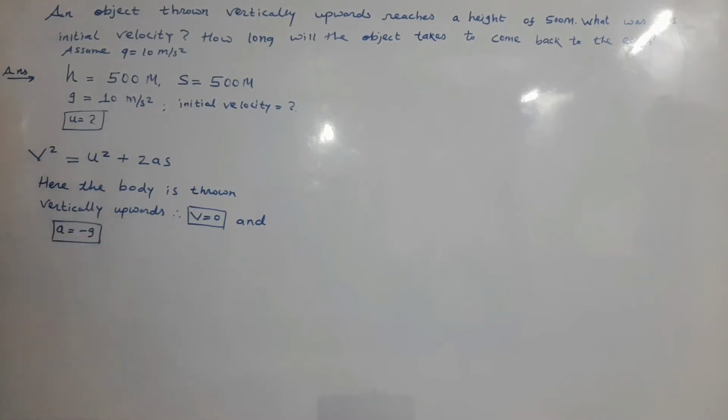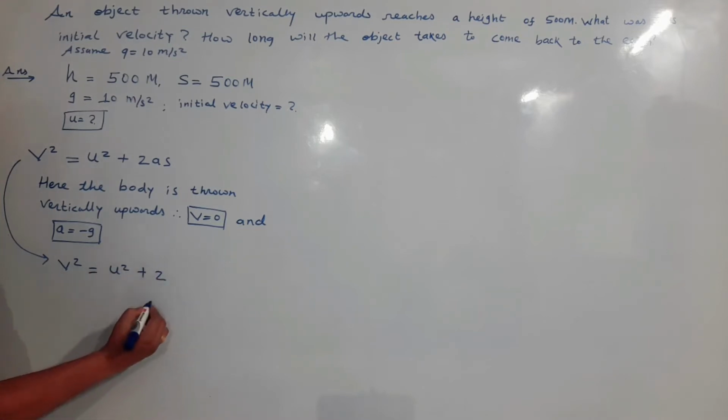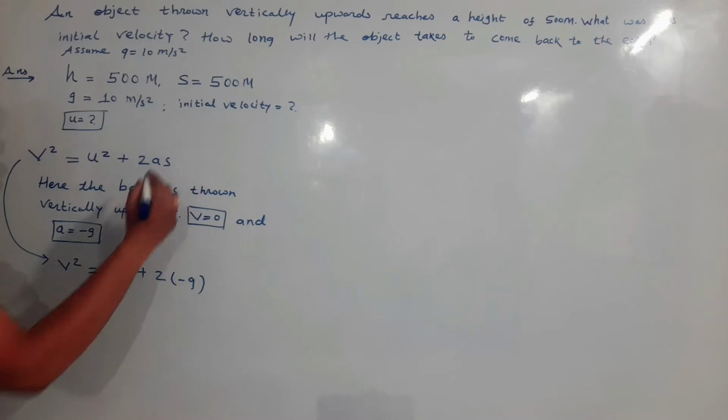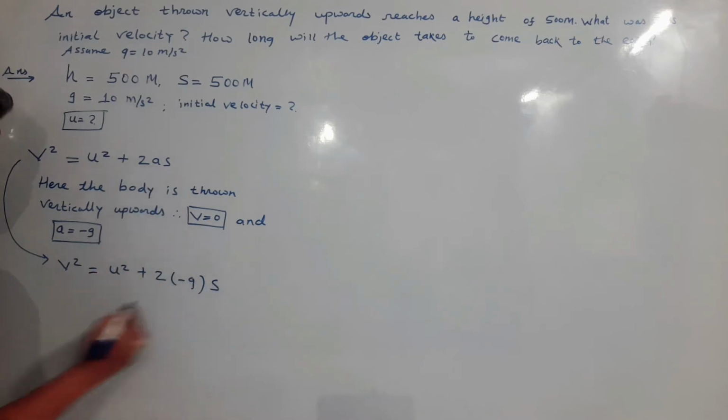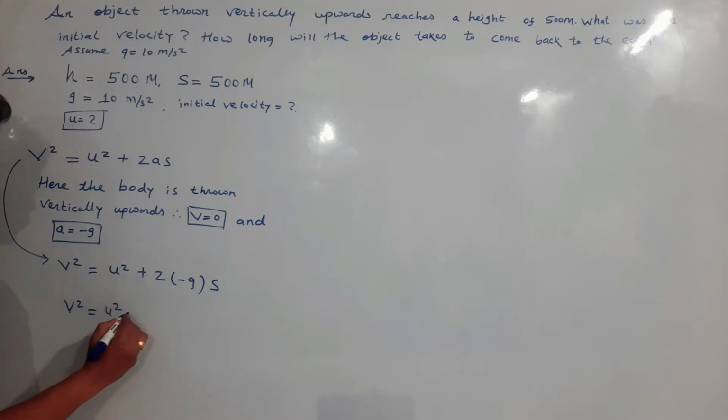If we consider this information, now we will see that this equation can be written in this way: v square is equal to u square plus twice, in place of a we can write minus g, and s we will write as it is. So this equation becomes v square is equal to u square minus twice gs.